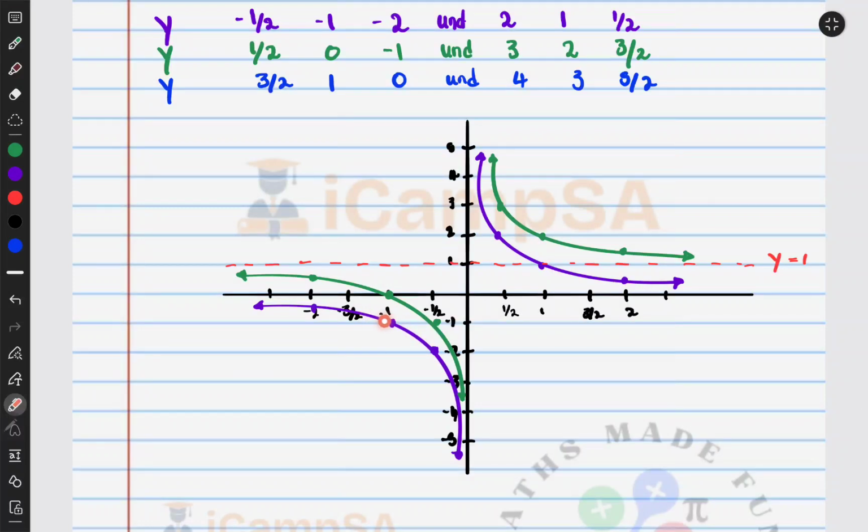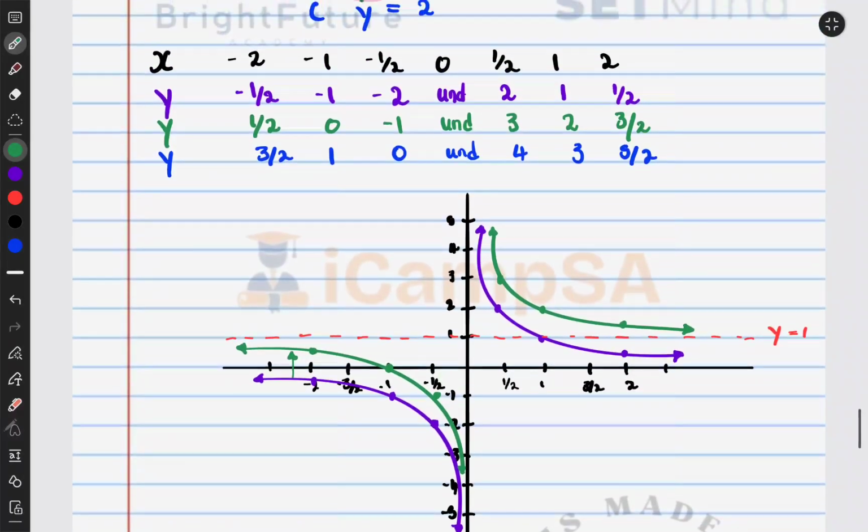Y was negative 1 in this original function. So it has been shifted 1 unit upwards. So we add 1 unit. We expect the other function to go up from negative 1 by 1 unit. So we say negative 1 plus 1 is going to be 0. That's why we have this point here. So this function has been shifted upwards, just like that.